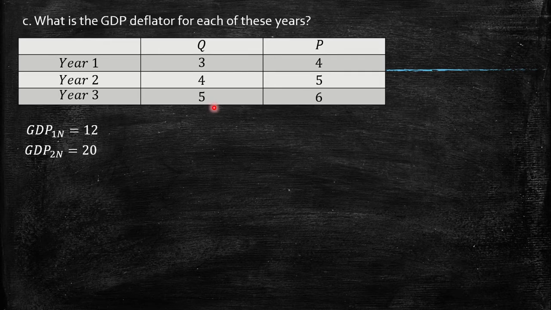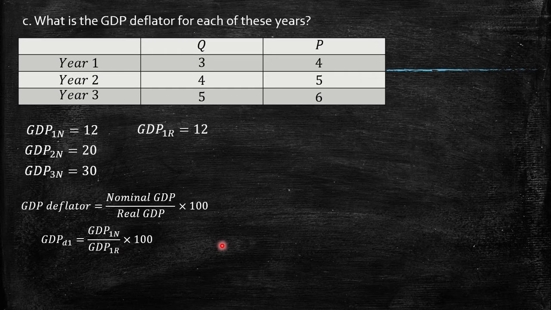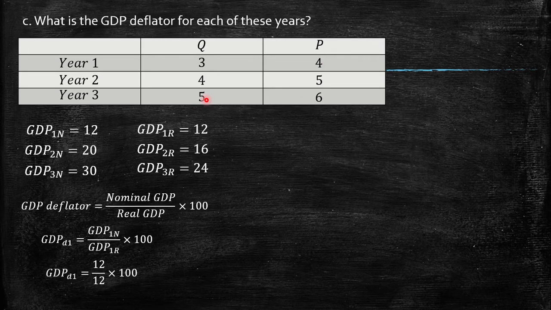So then we have this one, the nominal ones, and then the deflator for year 1 should be nominal over real for year 1. Remember, this is 20 because it was wrong, because it was 4 times 5. And then the deflator for year 1 should be exactly 100 because it's the base year.